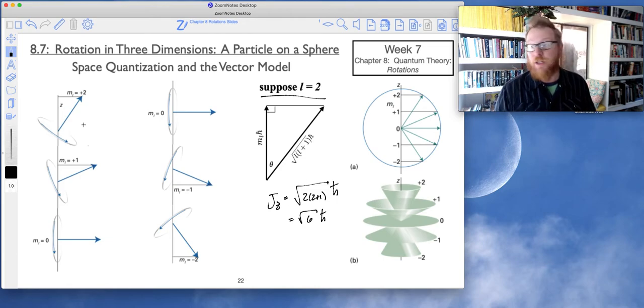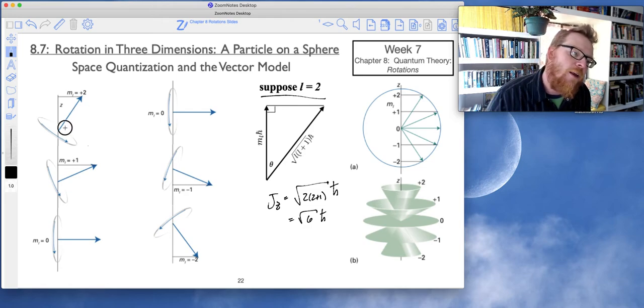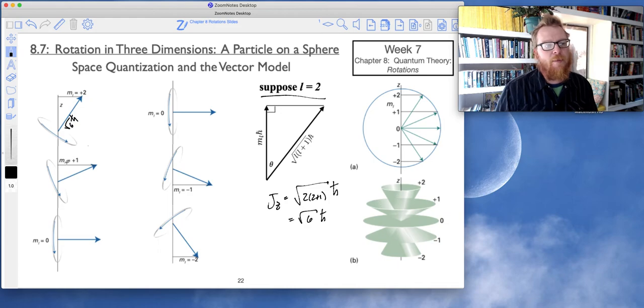Okay, so let's look at this picture right here. For ml plus 2, the length of this arrow is root 6 h bar. For ml equals 1, the length of this arrow is still root 6 h bar, and etc. So I'll keep writing those in.